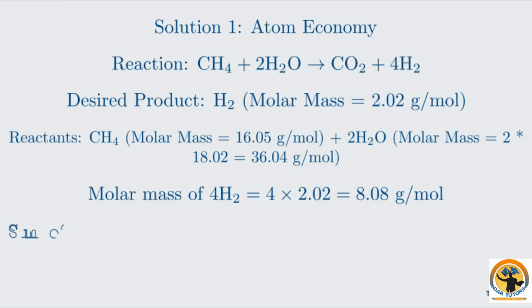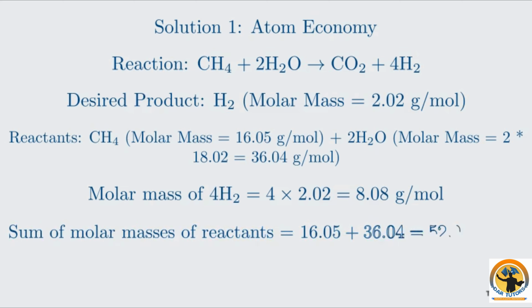The sum of the molar masses of the reactants is 16.05 grams per mole for methane, plus 2 times 18.02 for water, which gives a total of 52.117 grams per mole. Plugging these values into the atom economy formula, we get an atom economy of 15.5%. This process produces a lot of carbon dioxide waste.